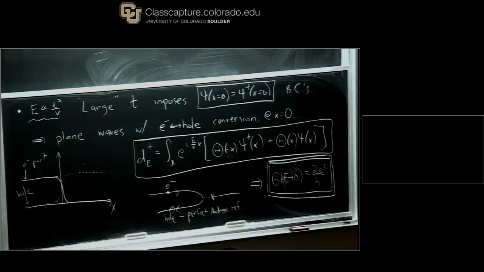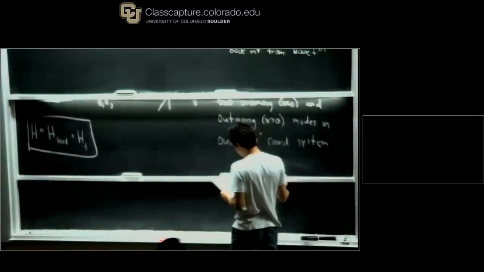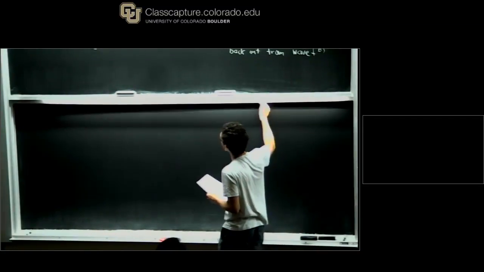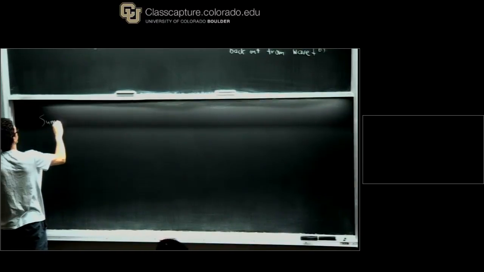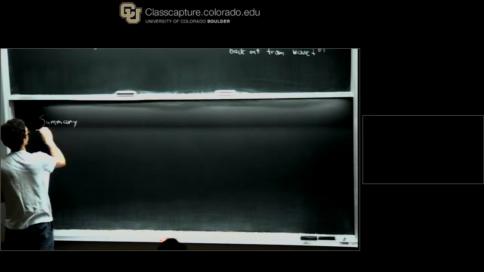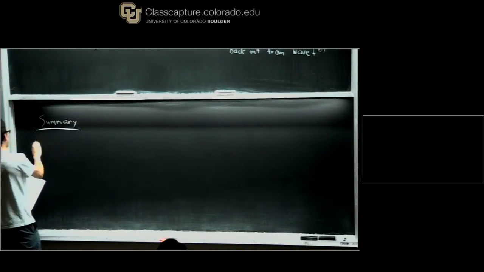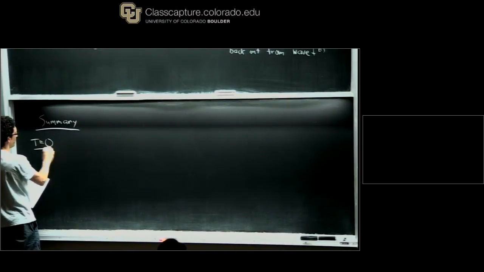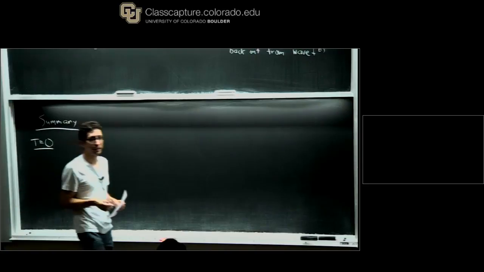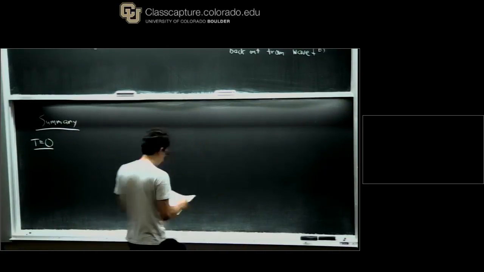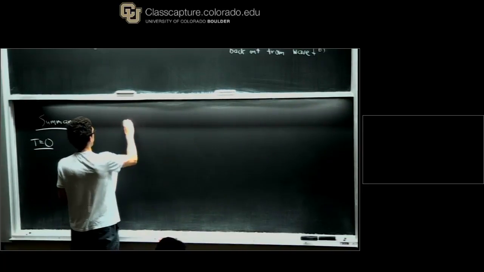All right, so let me summarize what we've learned here. So our calculation, by the way, was at temperature equals 0. So if you go to finite temperature, you'll have some corrections. But let's just summarize what we know at t equals 0.